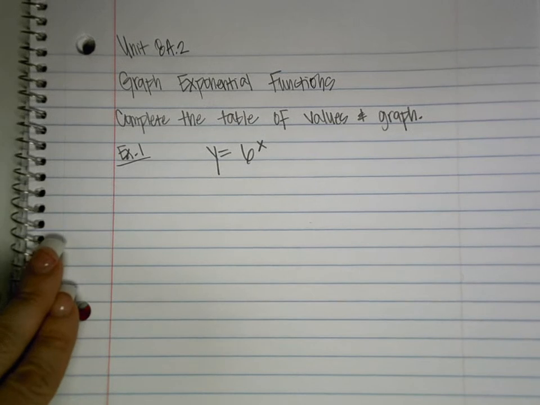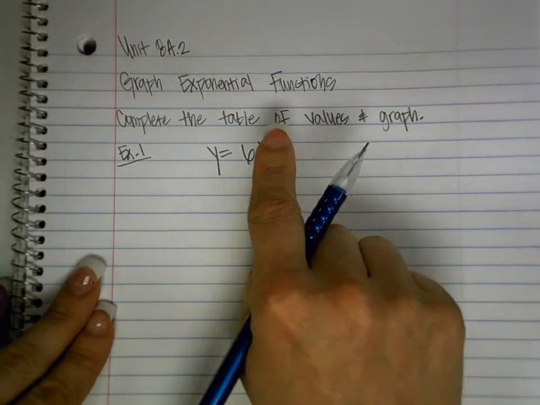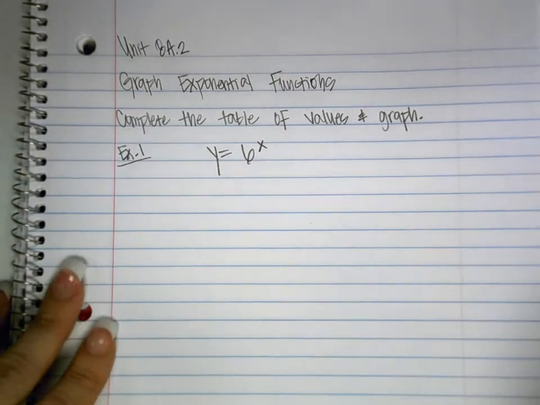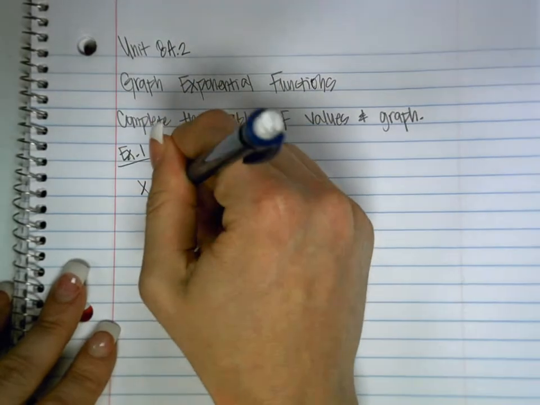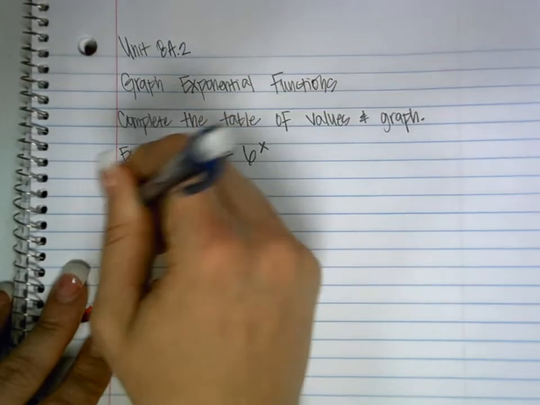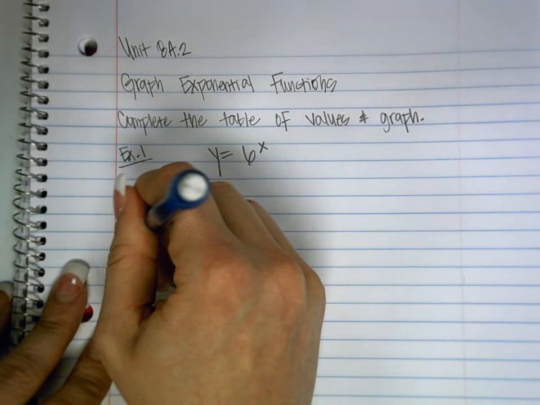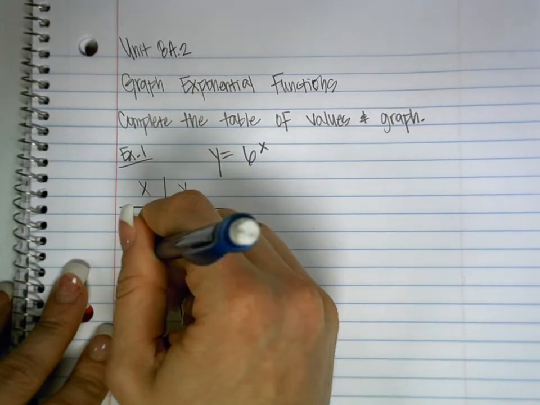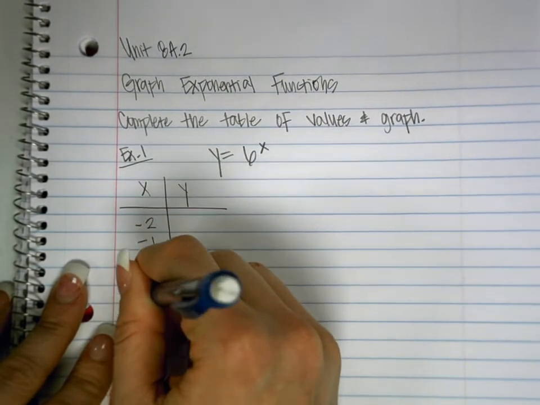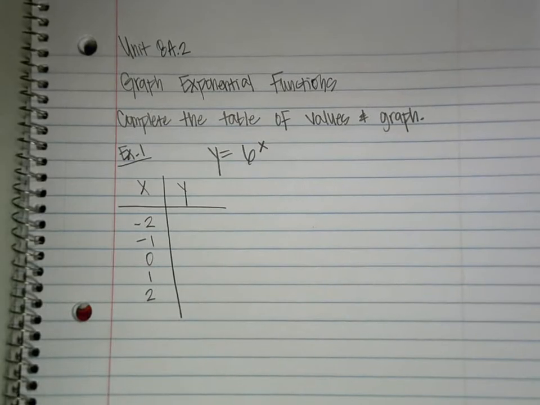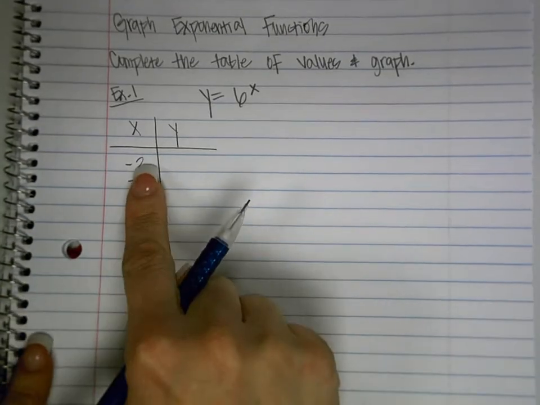Okay, when we did this for parabolas, I told you you could pick any numbers for x. For this kind of stuff, I'm going to give you the numbers that you're going to plug in for x. Okay, we're always going to plug in the same numbers. It's always going to be -2, -1, 0, 1, and 2. Always. Okay, and then all we really have to do is plug these in.